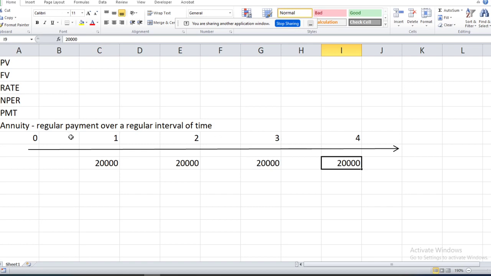Okay. And for example, if you manage to pay, say, 72,400 for this investment. So basically you are buying the investment, let's say from a bank, where you give the bank 72,400 right now, and in return the bank pays you 20,000, a 4-year annuity, over the next 4 years.